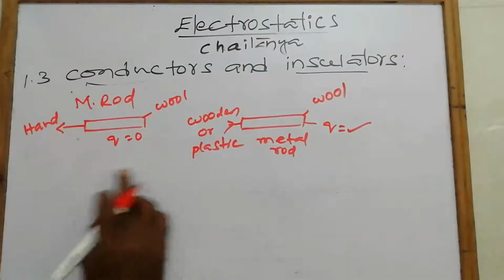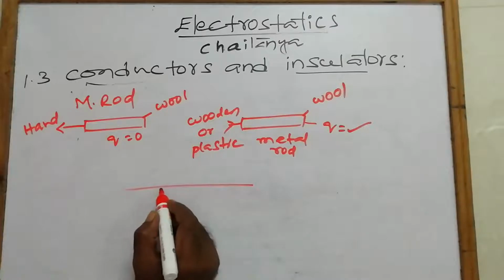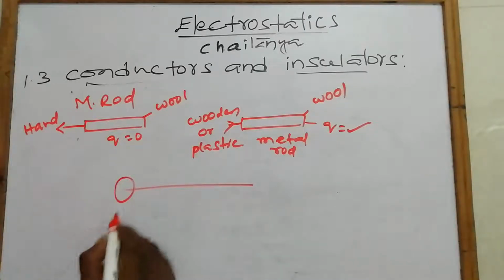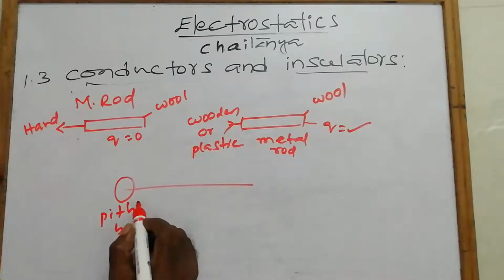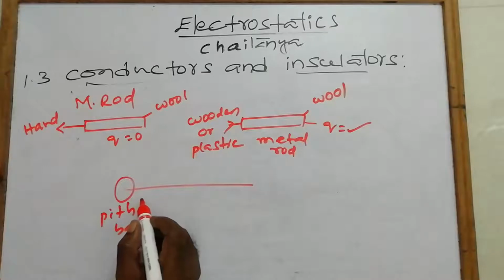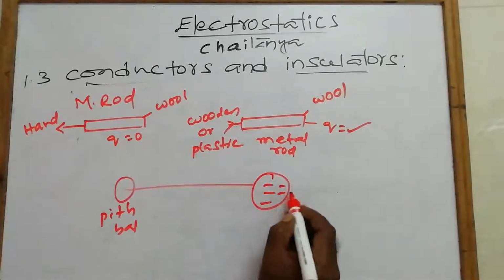Suppose we connect one end of a copper wire to a neutral pith ball, and the other end of the copper wire is connected to a negatively charged body.